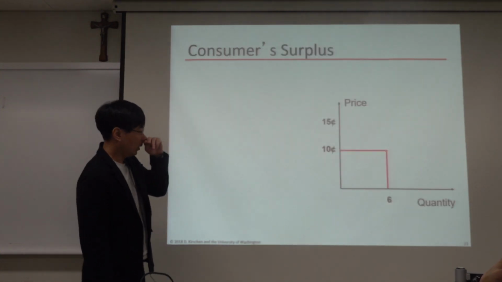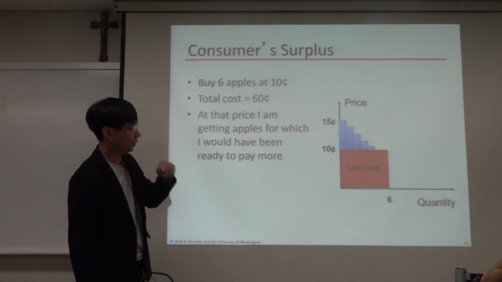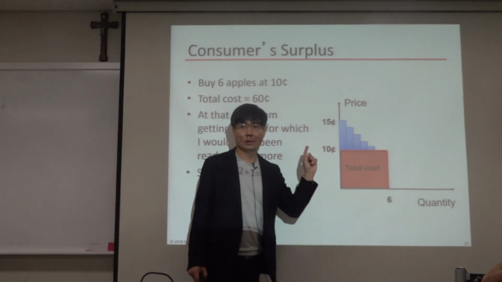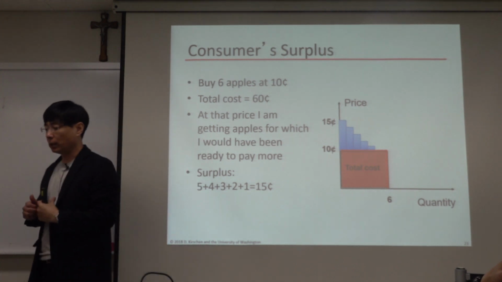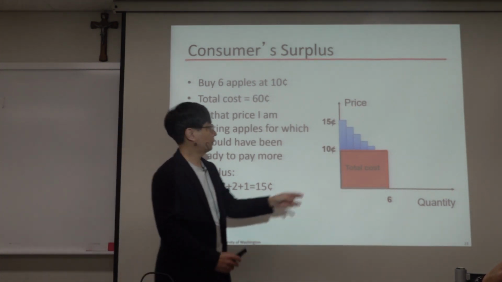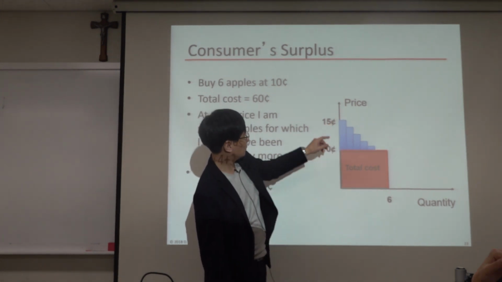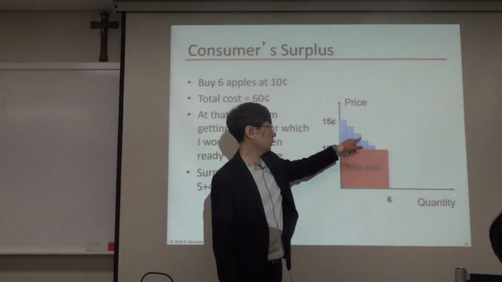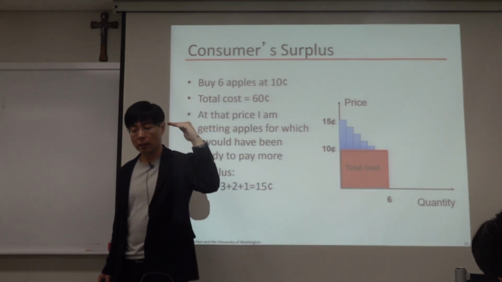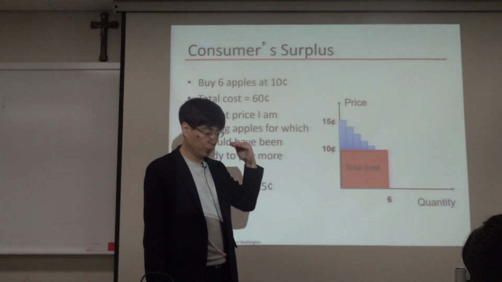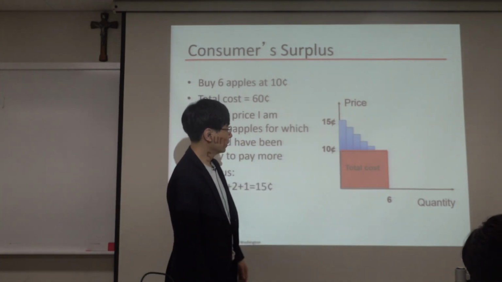Another important thing is the consumer's surplus. This consumer surplus exists because each apple has different value for you. The first apple, its value is 15 cents, for example, 14 cents, 13 cents, etc. That's why depending on the price, you buy a different number of apples.